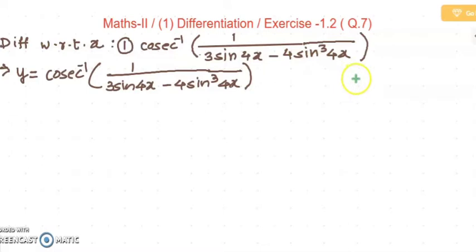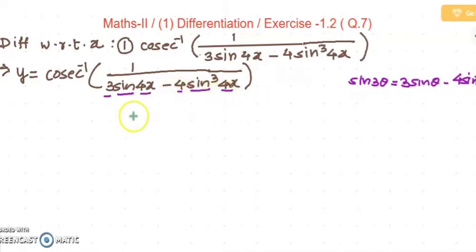Sine 3 theta is equal to 3 sine theta minus 4 sine cube theta. So your theta is 4x. Remember, this property will be used soon.